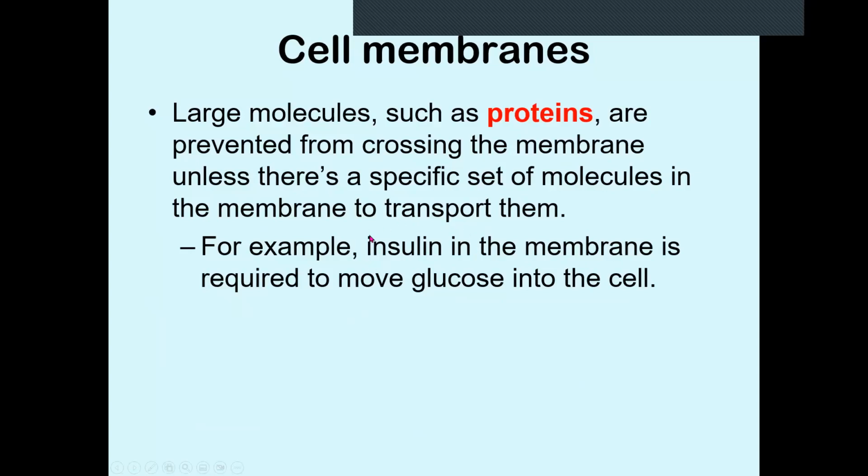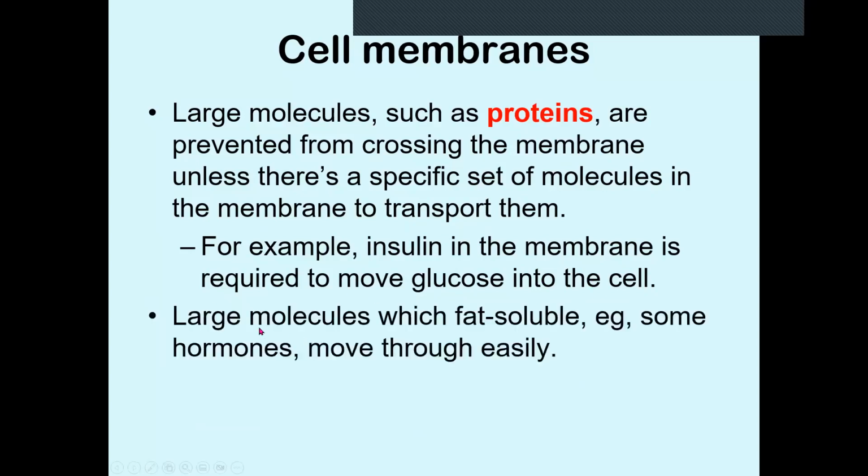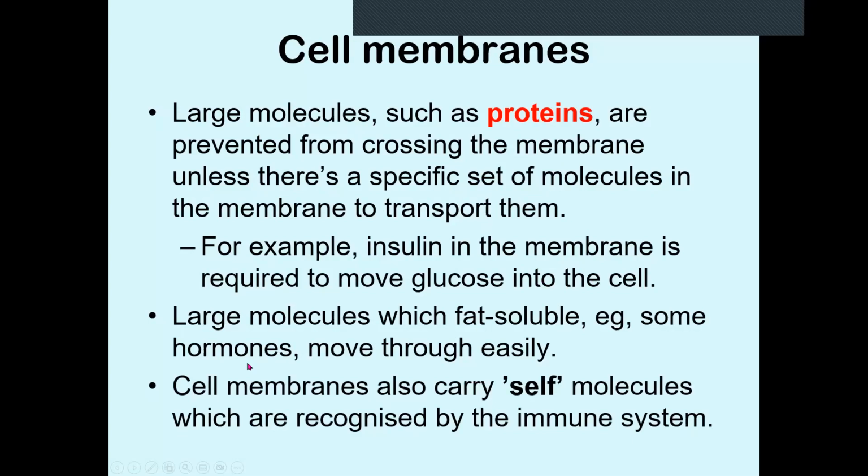So, for example, insulin in the membrane is required for glucose to get into cells. So glucose can only enter a cell when insulin is embedded into the cell membrane. Some large molecules which are fat soluble can move through easily, but things which are proteins like insulin, they're not.